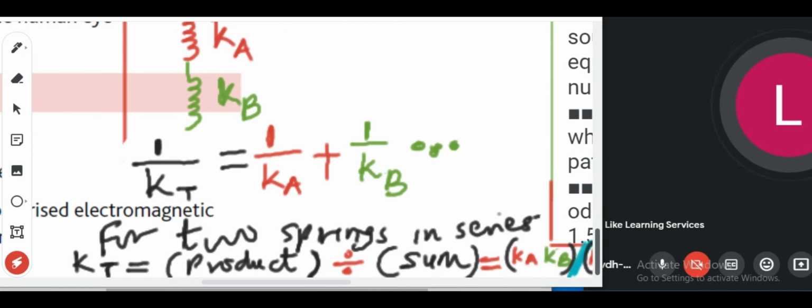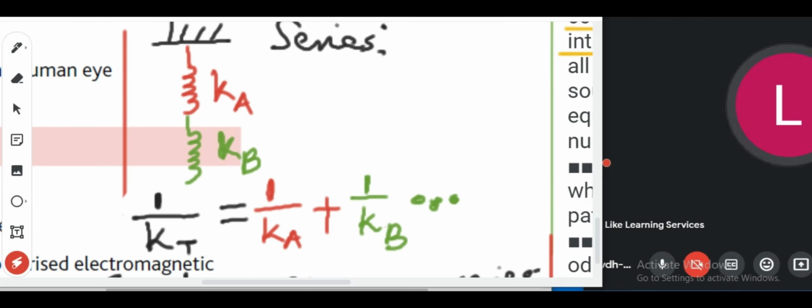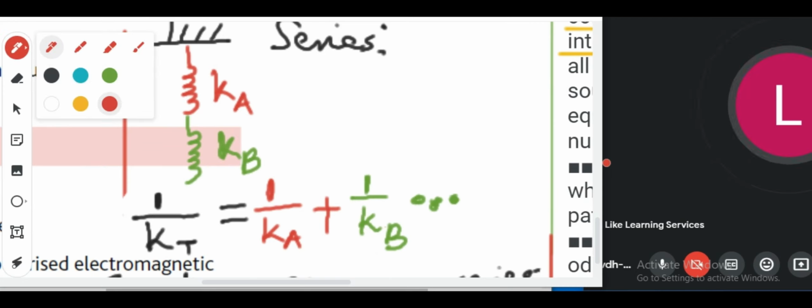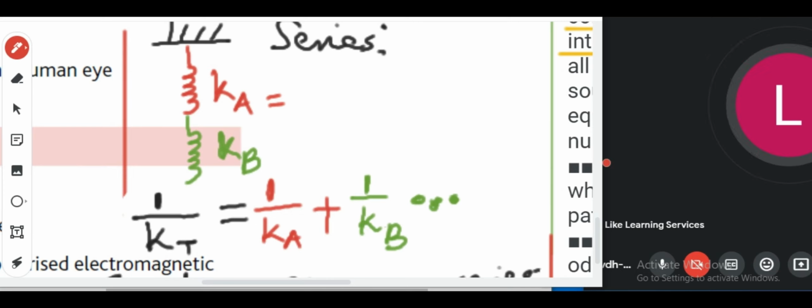You can use an example to illustrate this. Assuming just for your own illustration, you can use a spring constant of, say, 5 Newton per meter for Ka, and then the other one maybe 10 Newton per meter.